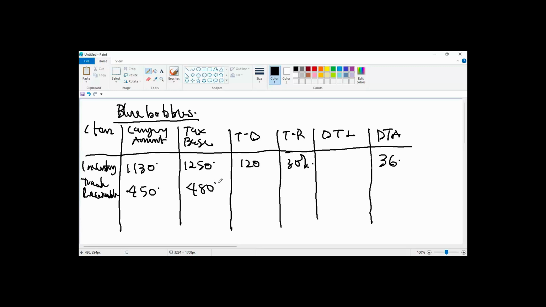The temporary difference is 30. Is it a deferred tax liability or deferred tax asset? Deferred tax asset. Of how much? 9.